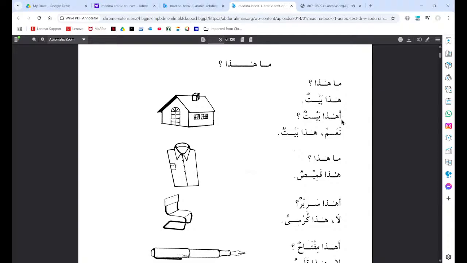When we see the hamza on top of an alif, it's not alif. This is alif here, at the end of hada. Alif doesn't have hamza and is always sukun.